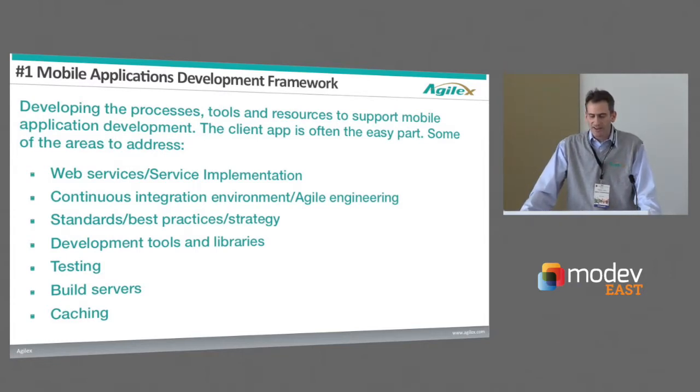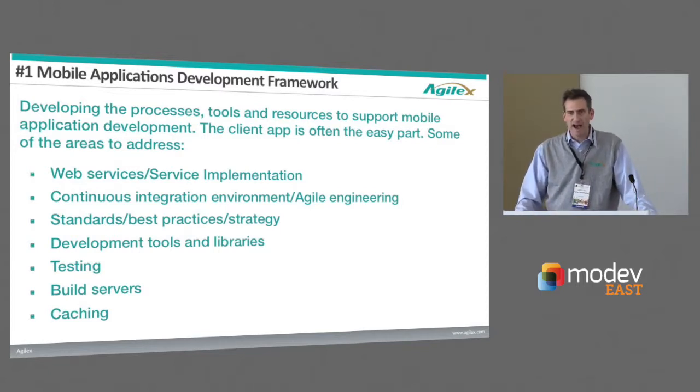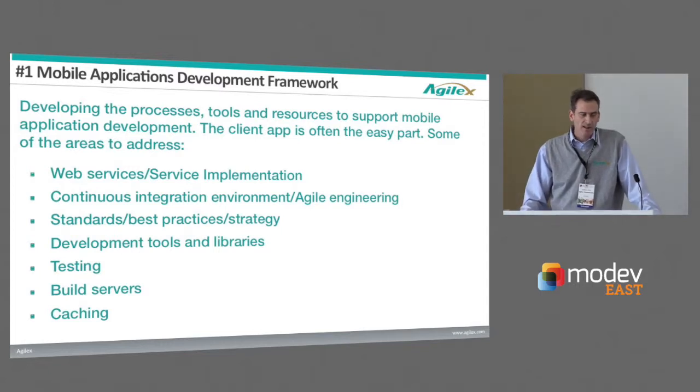The way I look at it is that the client app is often the easy part. It's all the back-end development, because so often what we find is that a lot of these systems and the data and everything else isn't even there to begin with, or it's not optimized for a mobile app.